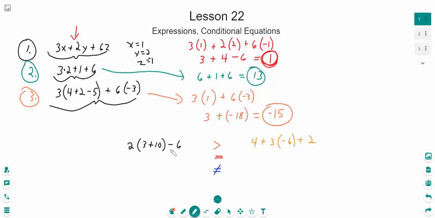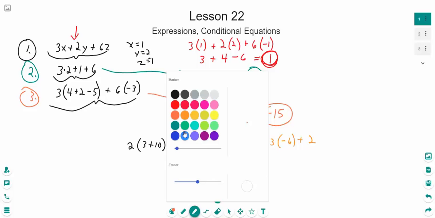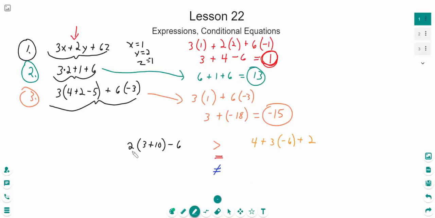So let's say this value is bigger than this value. We would use this greater than symbol. On the other hand, if the first value is less than the second expression, then we would use the less than symbol. That would just say that this side is less than this side.